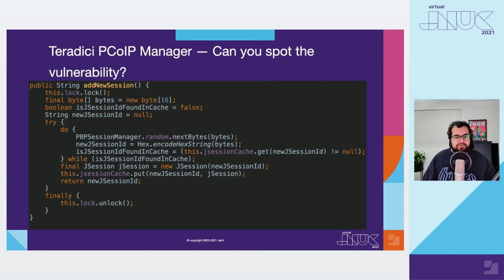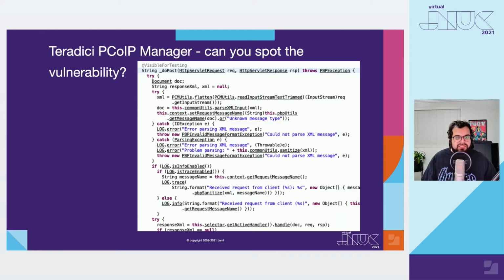In this case, it would be possible for an attacker to work out what the next sessions are going to be by cracking the seed. By default in Java, depending on which function you're using, random.nextBytes may be insecure. If it's SecureRandom, then it's usually okay, but in this case it wasn't. It was the default java.util.Random.